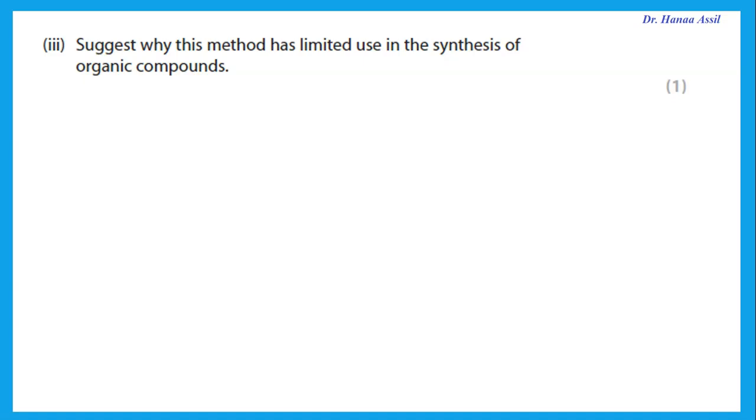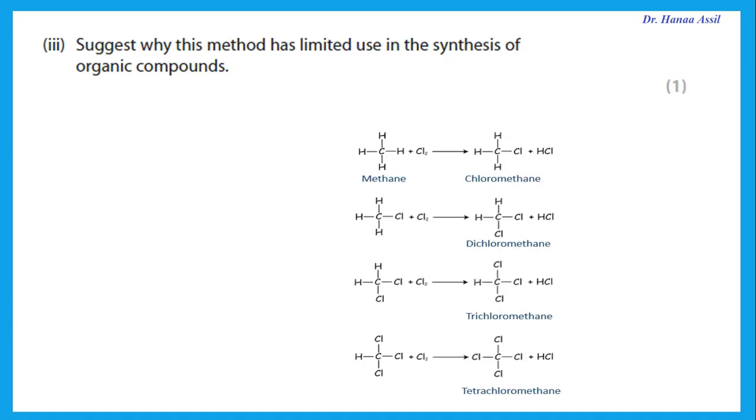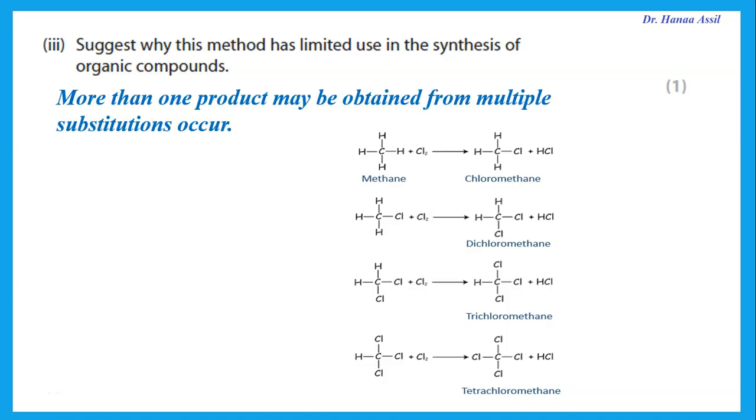Now, the problem with this is that it can give a whole range of products. We are supposed to replace one hydrogen to form chloromethane, but then the reaction can continue to replace a second hydrogen, a third hydrogen, in addition to the fact that you are likely to have more and more different side products.